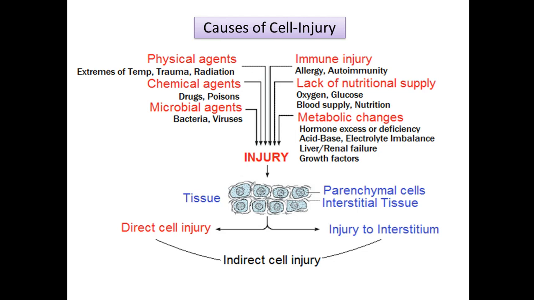So, two types of immune injury, hypersensitivity and autoimmunity, will cause cell death.